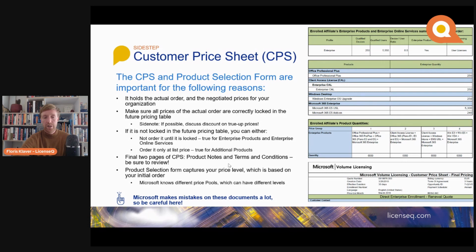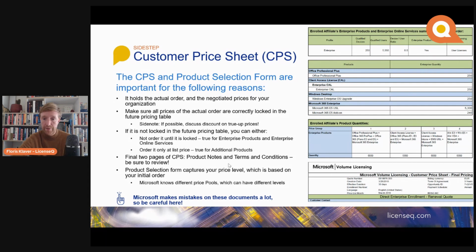The product selection form. The product selection form basically states, or is from Microsoft, the guiding entry of your contract to what price level you qualify. So if you look at the snippet on the right hand side, you see here a customer that procures several different types of licenses.